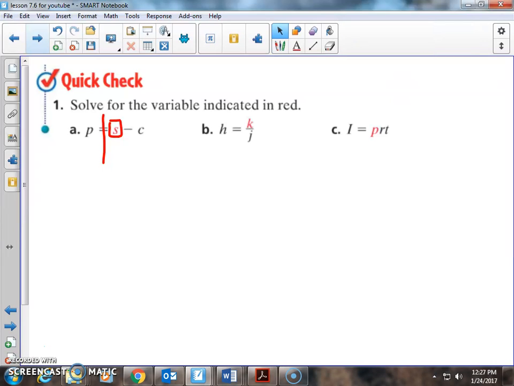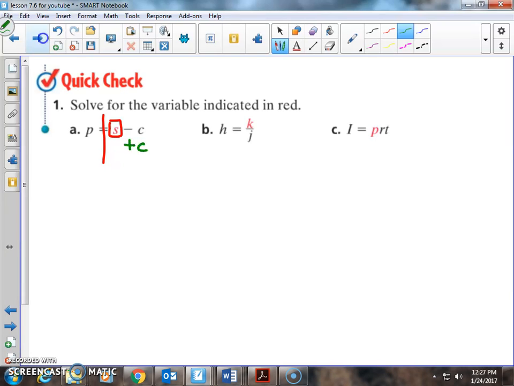And we do this the same way we've been solving multi-step equations. First we look for the distributive property, there is none. Then we combine like terms, there are none. Then we undo addition and subtraction. They subtracted C. We don't know what C is. We do know that it was subtracted. We need to do the inverse.